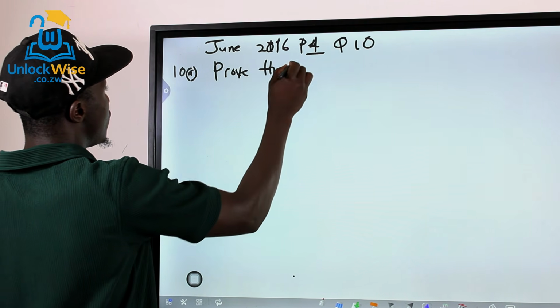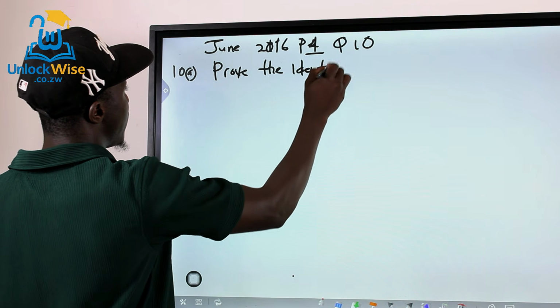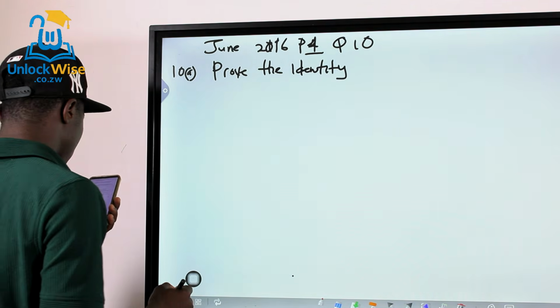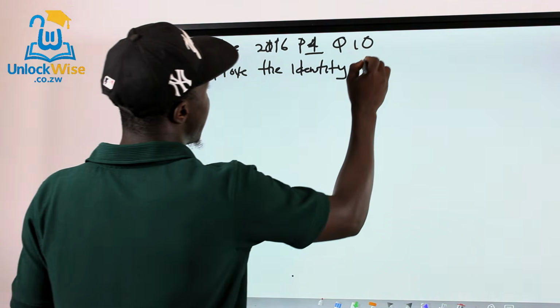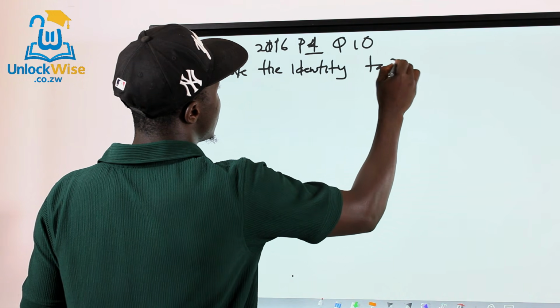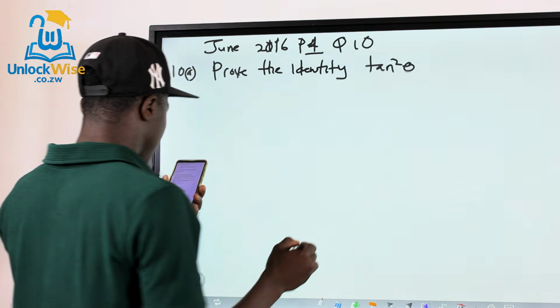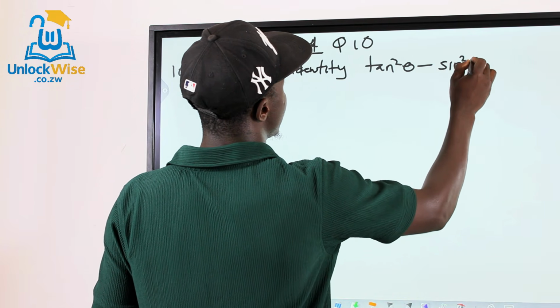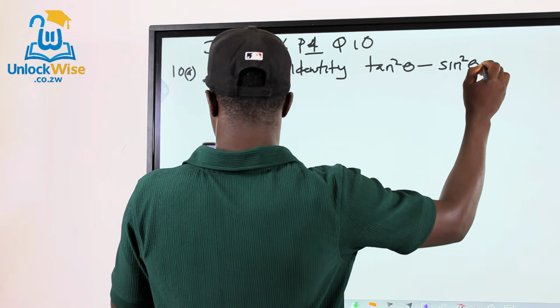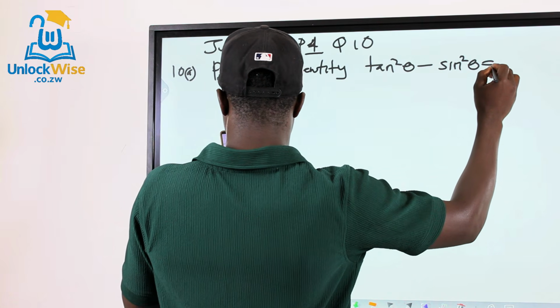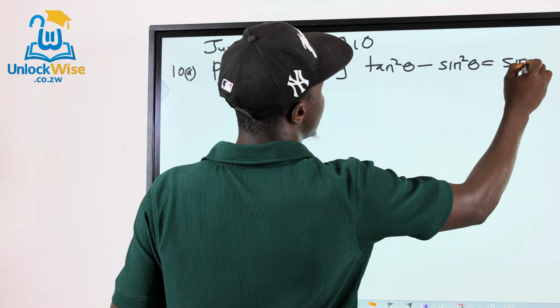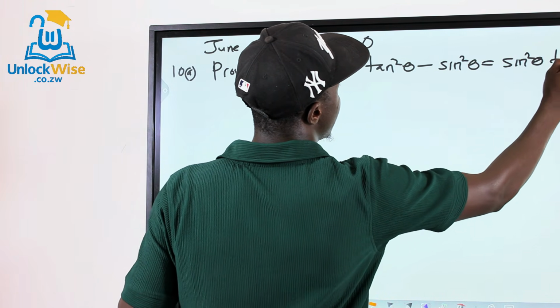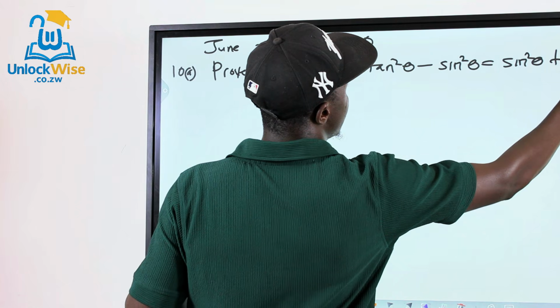Prove the identity: tan squared theta minus sine squared theta is identical to sine squared theta tan squared theta.